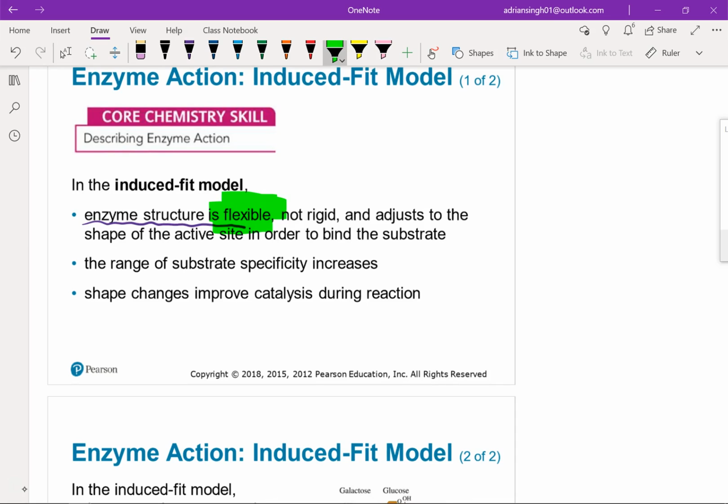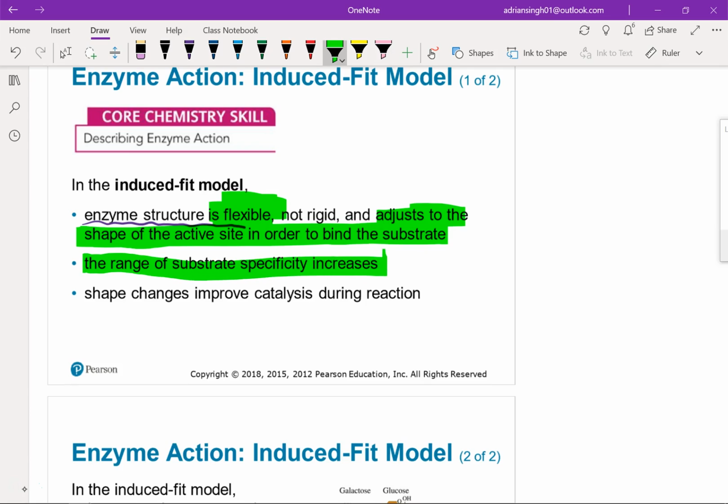And it actually can change its shape, so it adjusts to the shape of the substrate in order for it to bind properly to the substrate, right? So what that suggests then is that this enzyme can actually bind to a range of substrates in terms of their shape. As the shape changes, it can actually improve the catalysis or the breakdown of the substrate.